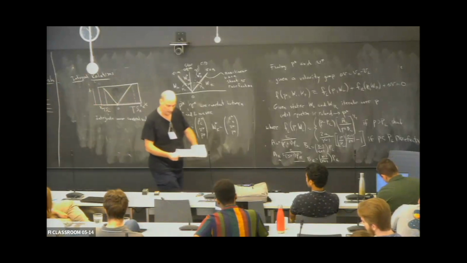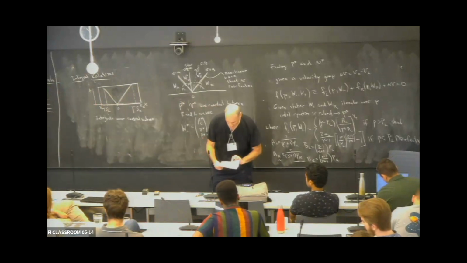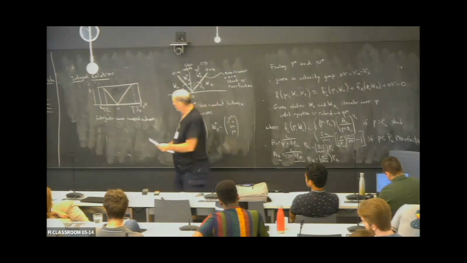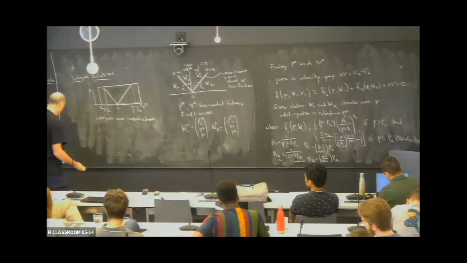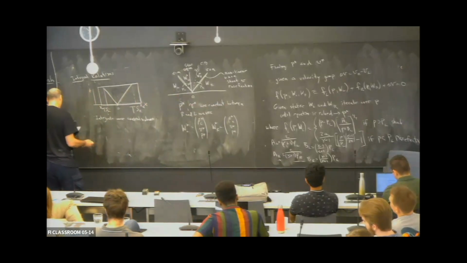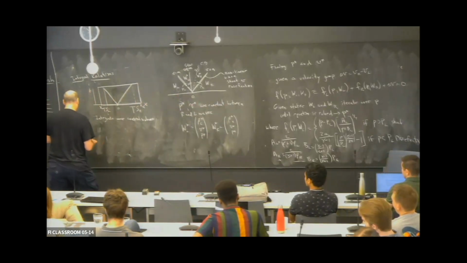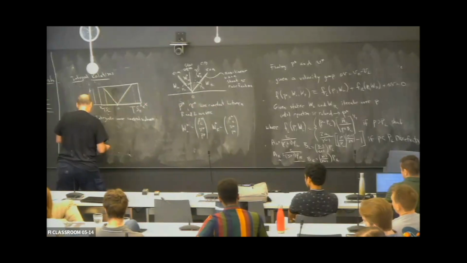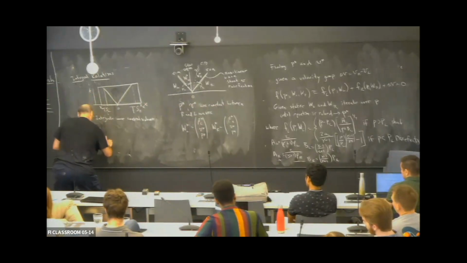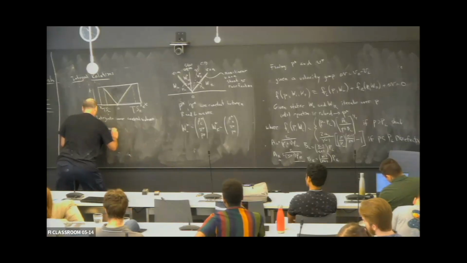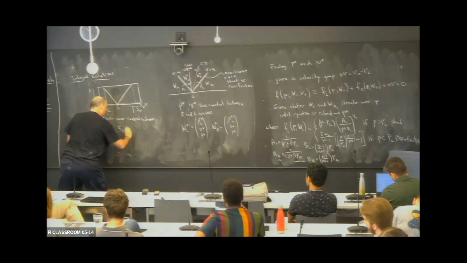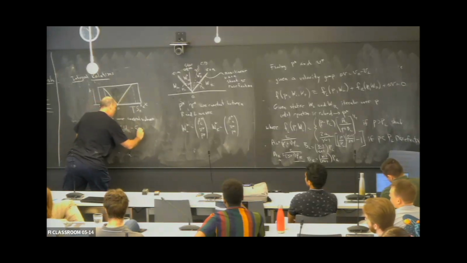So I'm going to skip the details, and I'm going to give you the answer, which you already have, which is that you can get the HLL flux by defining this constant UHLL, which is given by the initial conditions and the fastest and slowest wave speeds.